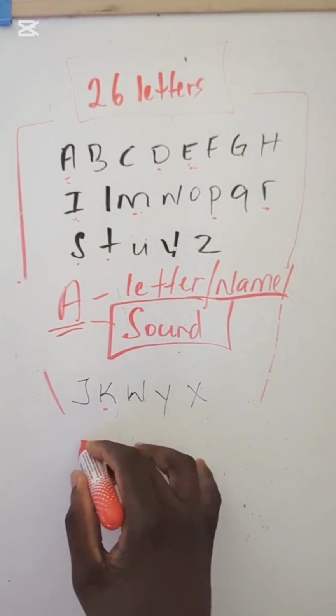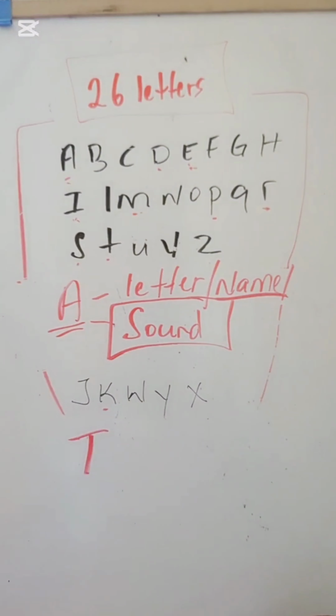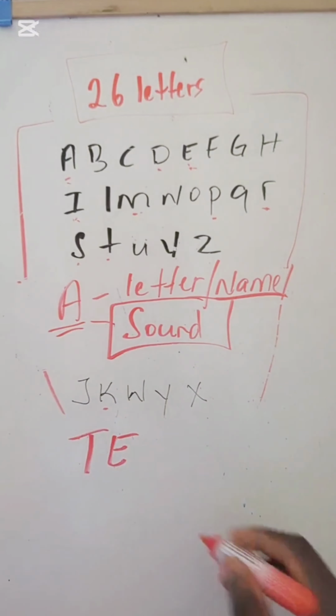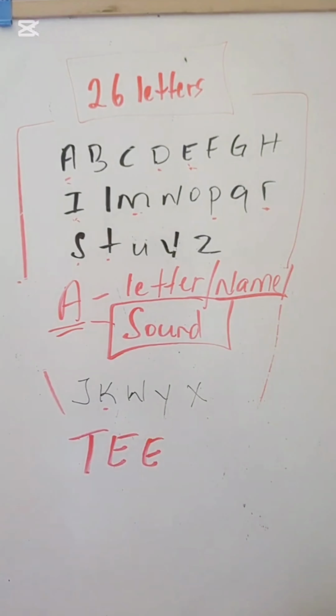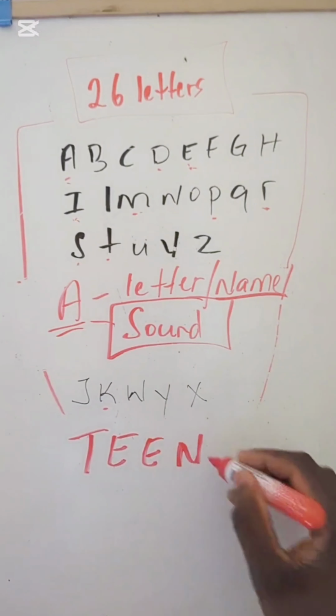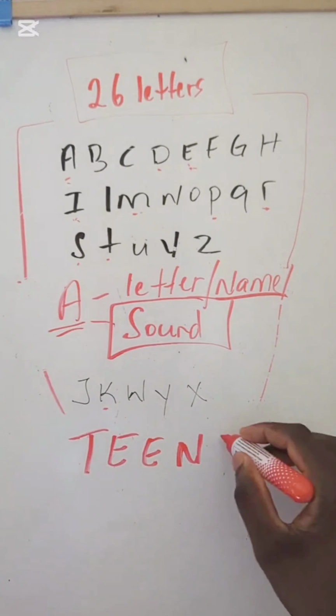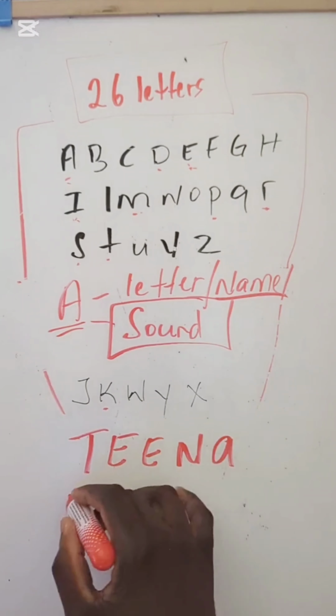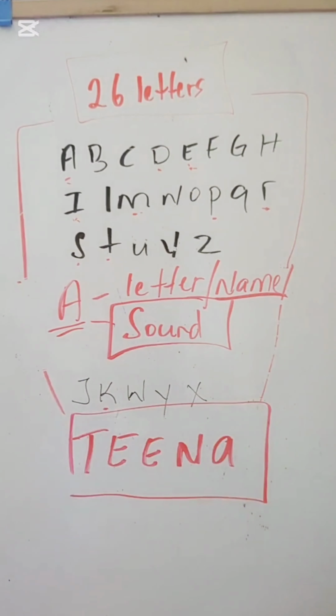For example, T is the name of it. E is the name of it. E is the name of it. N is the name of it. A is the name of it. So this doesn't get you to reading this word.